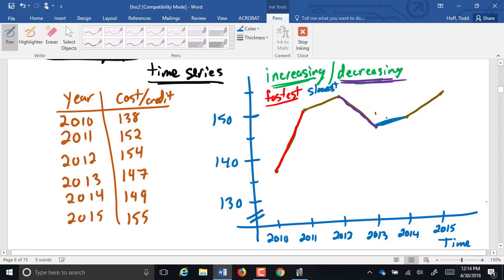Actually it's probably tied, these two points are the same slope. So both of those had only increased $2 those years. So we can see those slopes being the same, it was increasing at the same rate on both of those, and they were tied for the slowest rate of increase. So that line graph shows us that change over time.